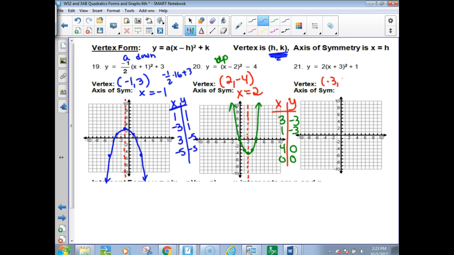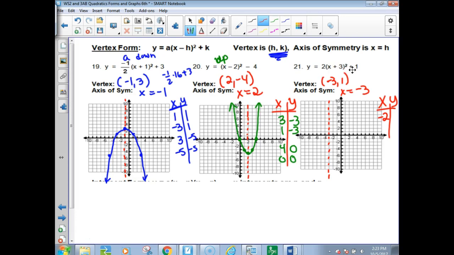Vertex is at -3, 1. Axis is x equals -3. Dash that guy in. Ooh, let's see. I'll go ahead and put in -2. It's to the right of my axis of symmetry, which will give me 1 in the parentheses.